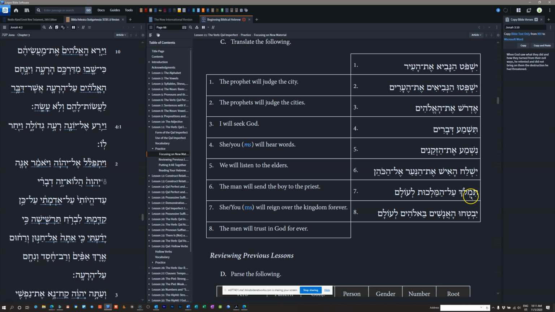All right, if it's 3FS, we might have an explicit subject, but we don't, because that would be the next word most likely, second position if we had an explicit subject, and we find al, a preposition. So an al is not going to connect with our subject. So we don't have an explicit subject here. So this is either she will reign, or you, masculine singular, will reign.